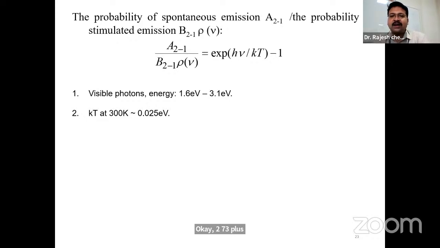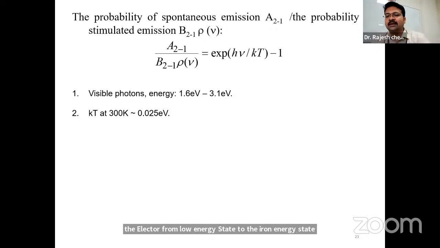With that energy, we have 0.025 electron volts. Am I clear? So that energy is readily available in our surroundings. But that energy is not sufficient for the electron to go from the ground level to the excited state. So for that, we need some external energy to pump the electron from the low energy state to the higher energy state. Am I clear?